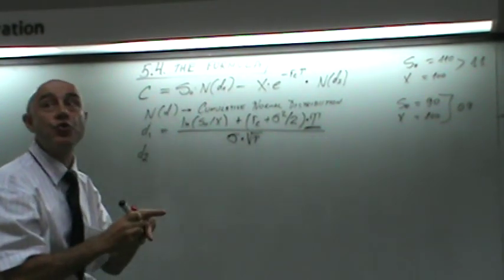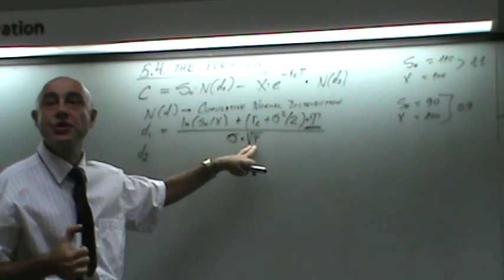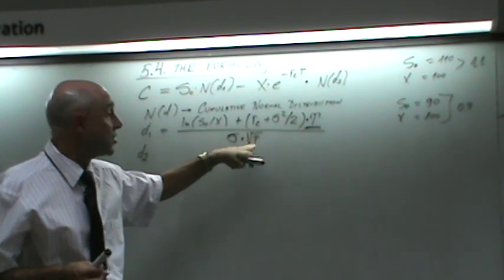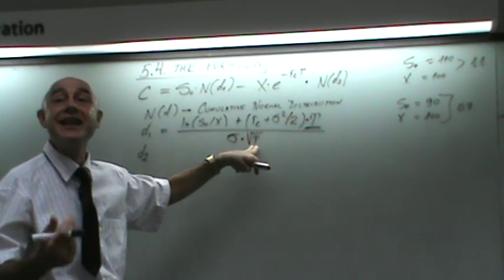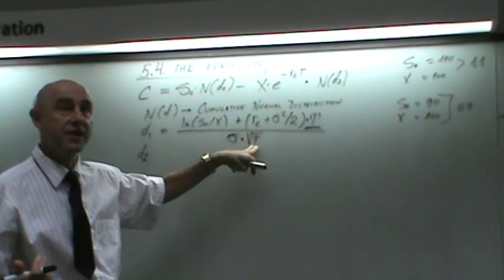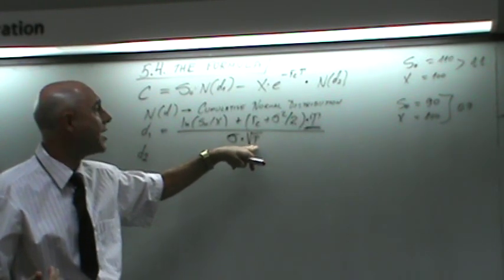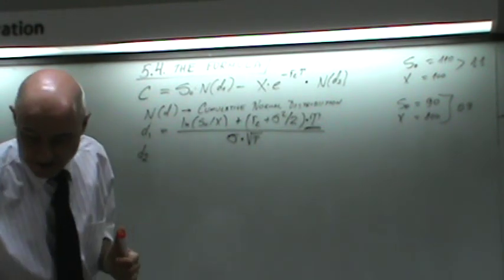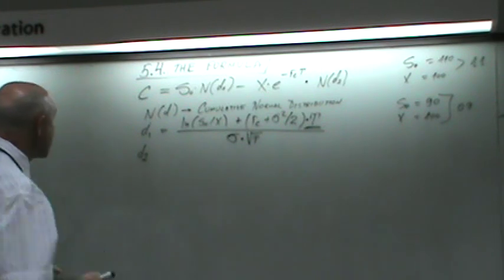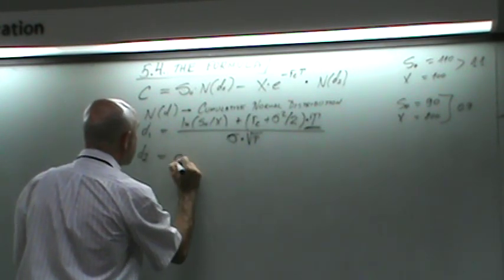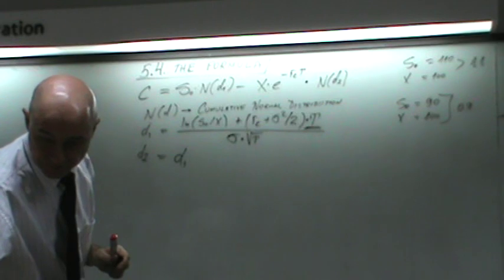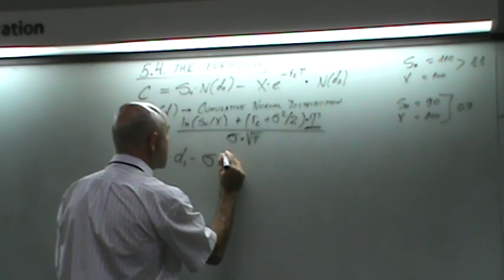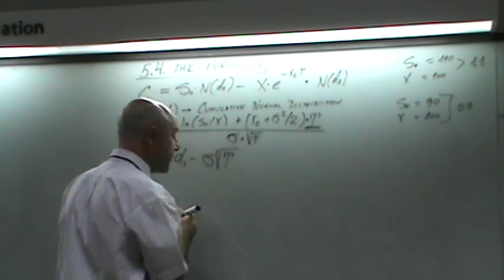So you re-normalize, and with the square root of t you get back the variance. I'm going to show you a few examples so you can see what happens. It's fairly easy and straightforward. And D2 is simply D1 minus sigma square root of t.